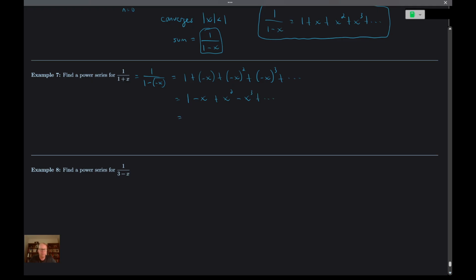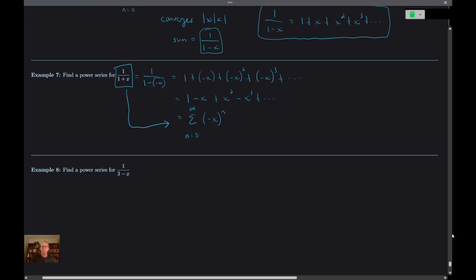And so we can write this as the sum from n equals 0 to infinity of negative x to the n. And so this function is represented by the power series negative x to the n. So that's the idea. So we want to take these functions. We're going to use the geometric series that we already know, and we're going to figure out how to rewrite these in a way that looks like a geometric series, but is a little bit different and gives us a different sum in the end.